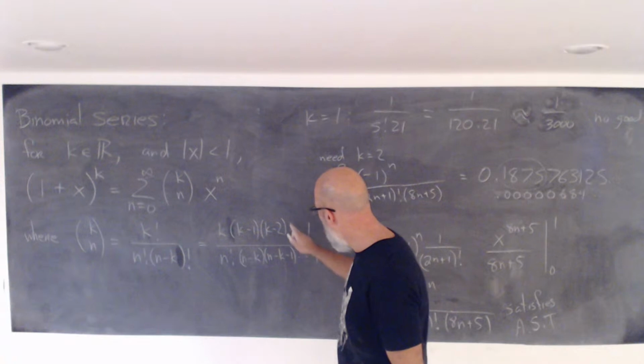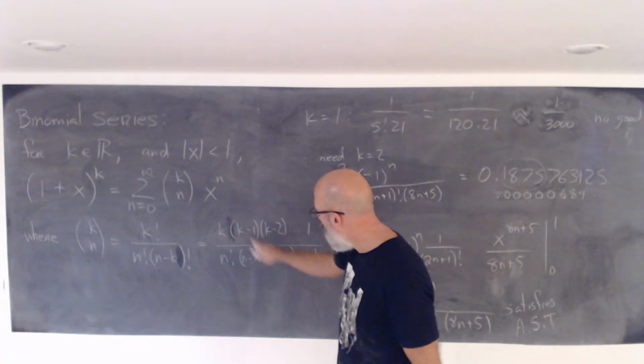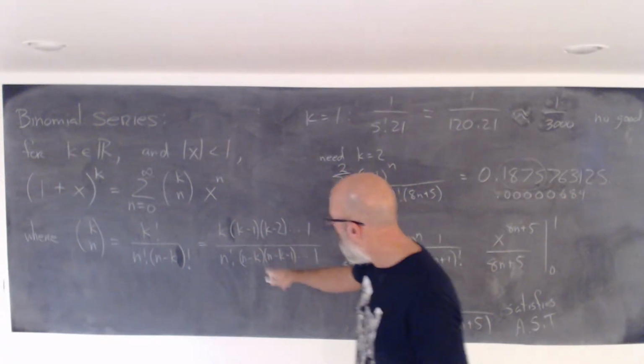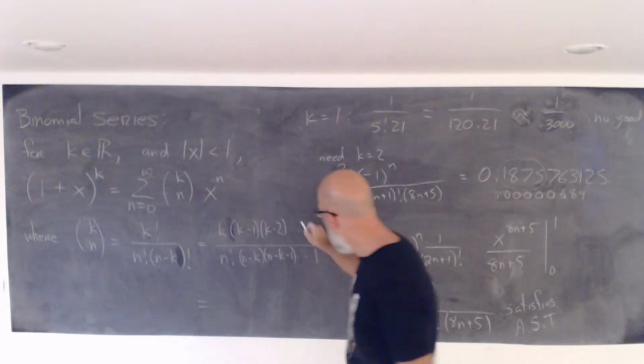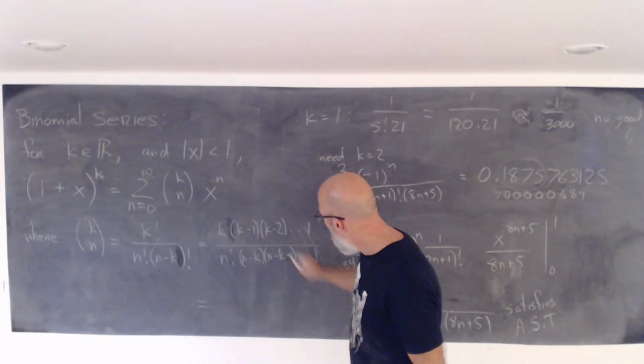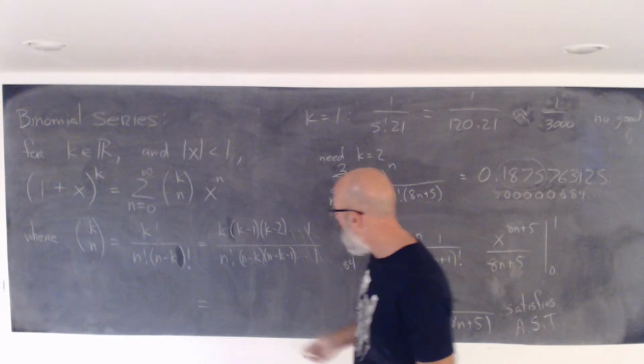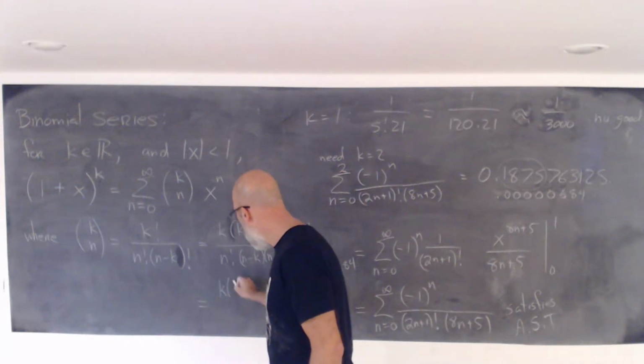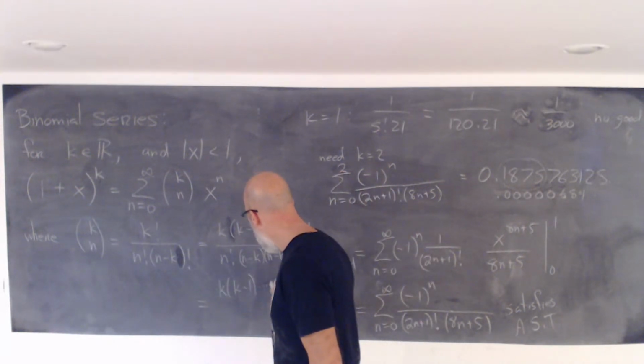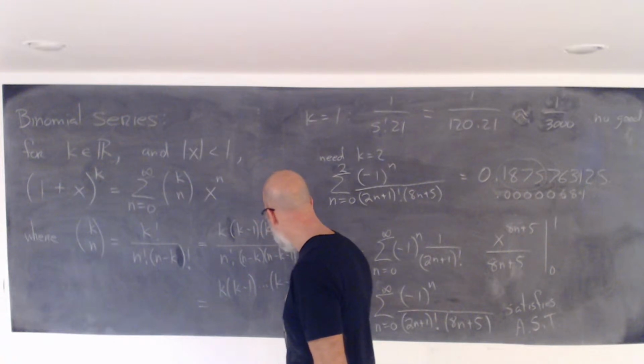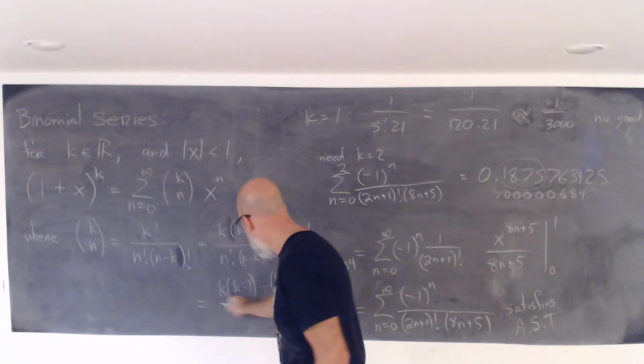And you can cross some of these out, right? These 1's cancel, the 2's, everything cancels until the numerator is really k times k minus 1, all the way to k minus n plus 1.